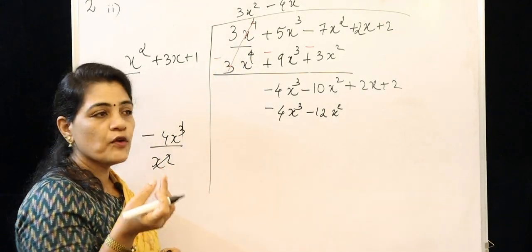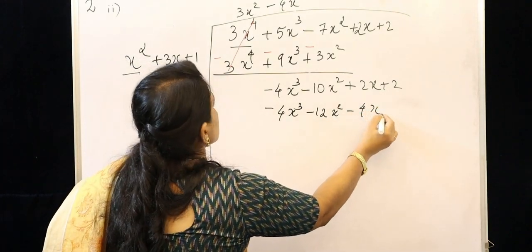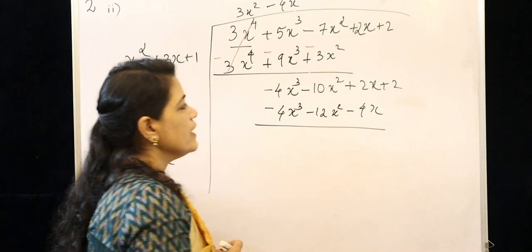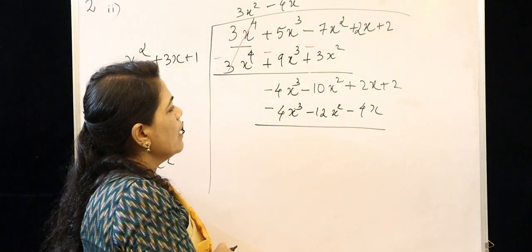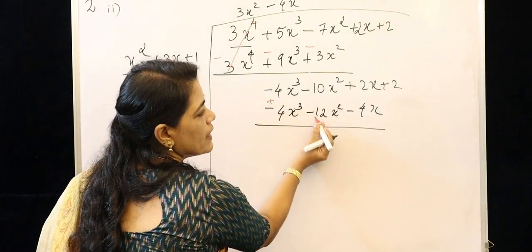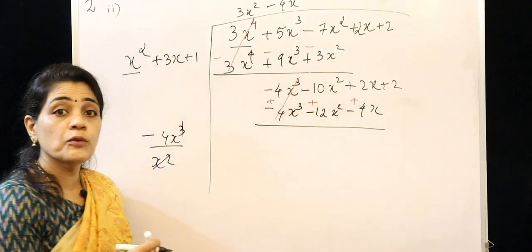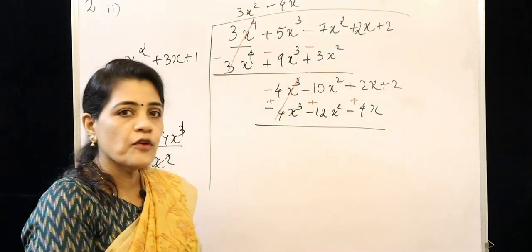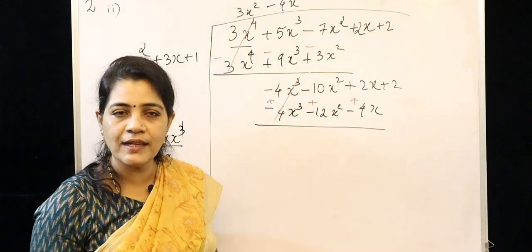Okay, so negative 4 into positive 1, negative 4x. Next step, we can change the sign. Okay, and we will have minus become positive. This minus becomes positive, this also positive. Minus 4x cube and positive 4x cube get cancelled.